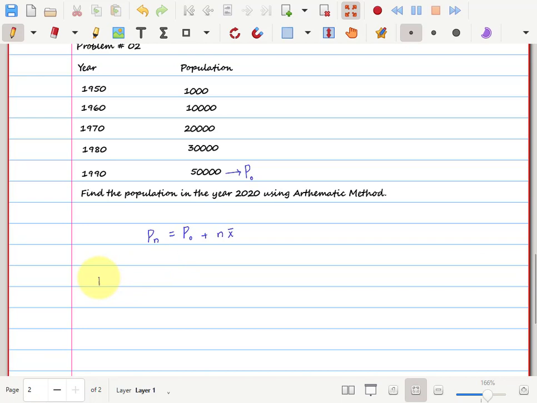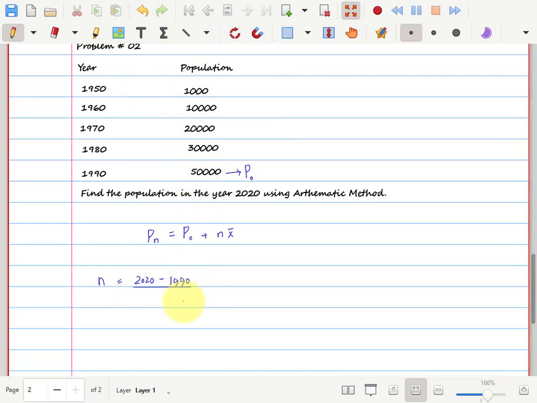What is n? We can find n is equal to the year for which we are finding the population, 2020, minus the latest year which we are given, which is 1990, then divided by 1 decade, right?